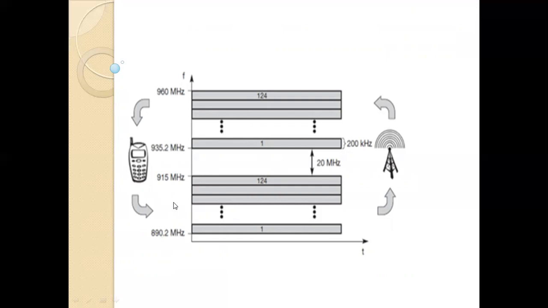The uplink of the mobile station is the downlink for the base station, and the downlink of the mobile station is the uplink for the base station. It works vice versa. This is the range of uplink and downlink.